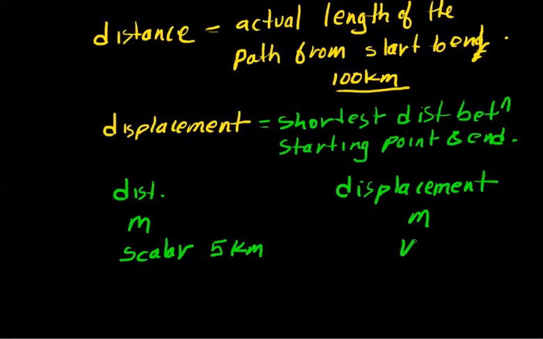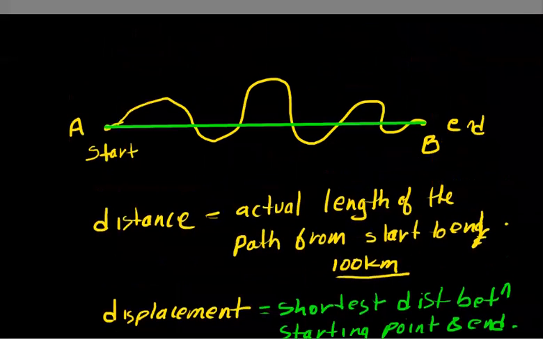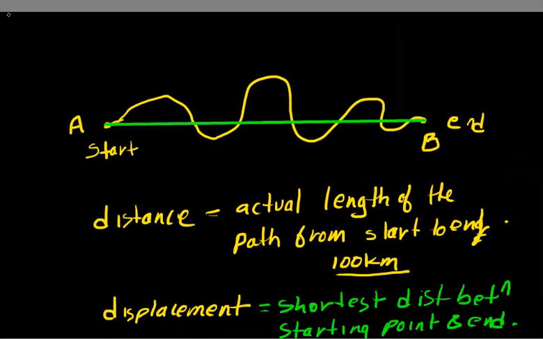Displacement is a vector quantity. So we have to mention if the direction of the displacement is positive or negative. If a body is going from A to B, in our previous example, we can say that the distance traveled is in the positive direction. But if a body is going from B to A, we will consider that as negative displacement. Now again, the displacement can be 10 kilometers minus, or it can be 10 kilometers plus.